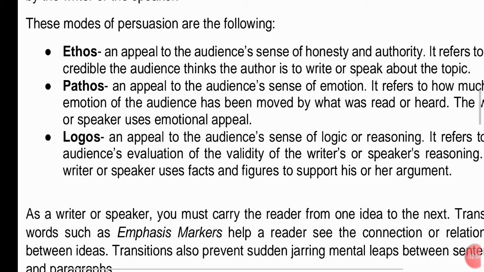Pathos, an appeal to the audience's sense of emotion. So in here, the speaker uses emotional appeal. And logos, an appeal to the audience's sense of logic or reasoning, and how the speaker is using facts and figures to support his or her argument.